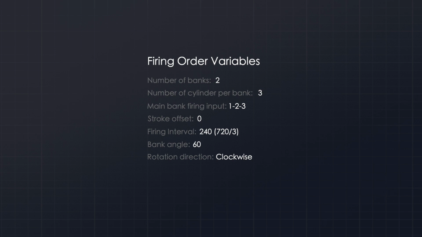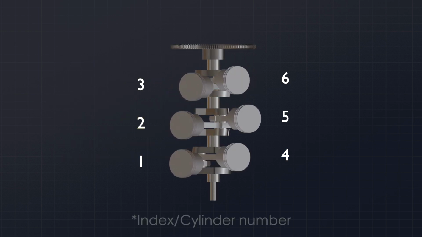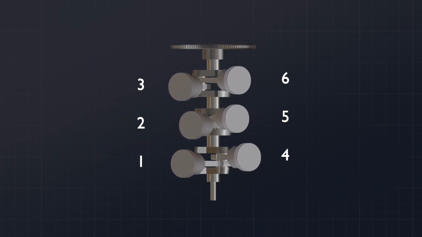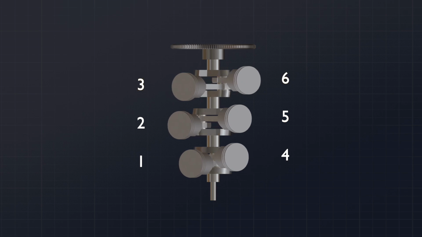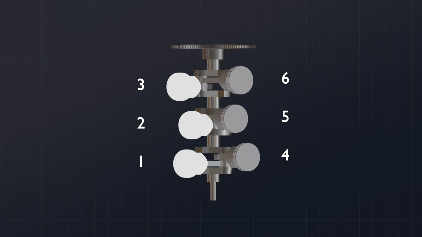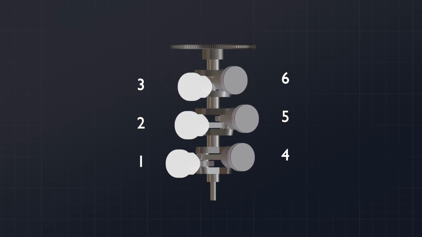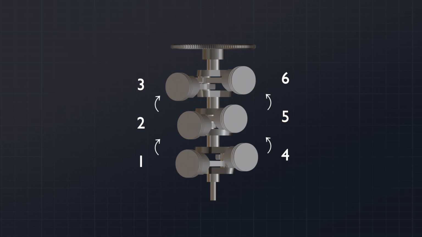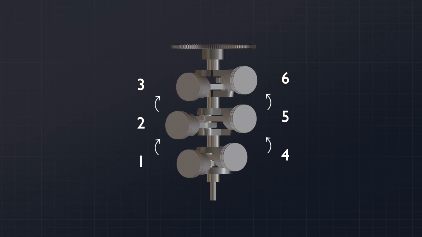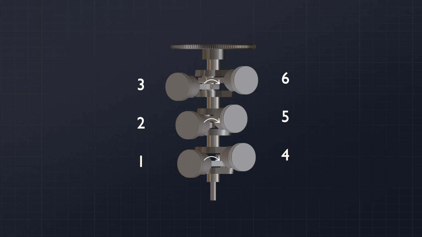So with this information, as well as knowing the index of all the cylinders, we can figure out the firing order. Again, even though there are a total of 6 cylinders in a V6, we only get direct control for the firing order of the main bank. And since that bank has 3 cylinders, all the other banks inherit the main bank's firing interval. So they all have 240 degrees of separation, but they also get their own timing adjustments based on the bank that they're in.